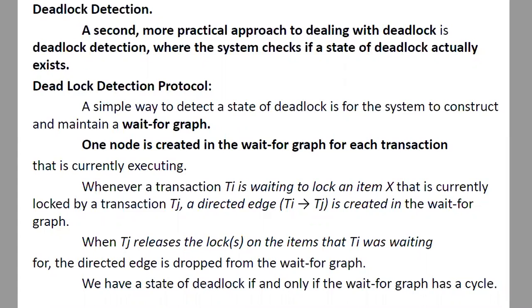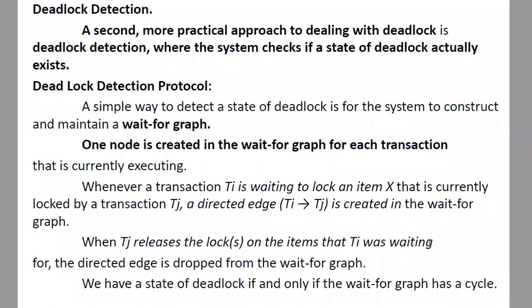If your wait-for graph doesn't form any cycle, then there is no deadlock. You'll be taking the transactions with the set of data items, and based on the transactions' read and write operations, you'll be drawing the wait-for graph.